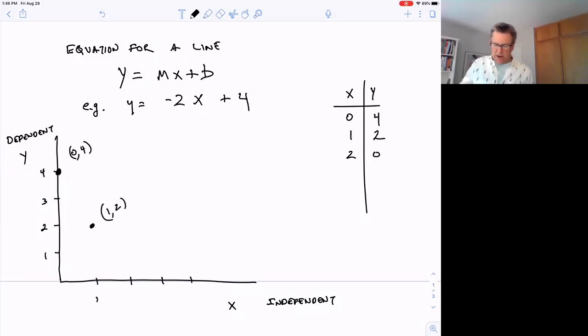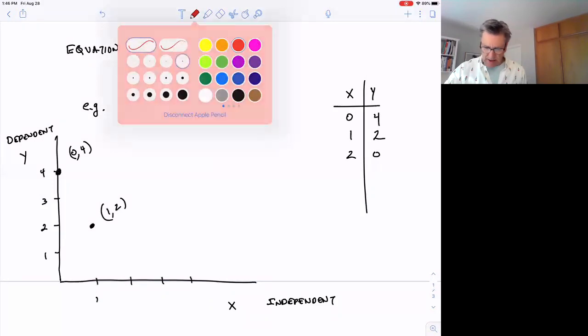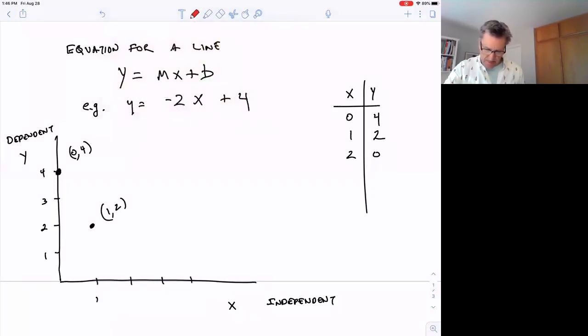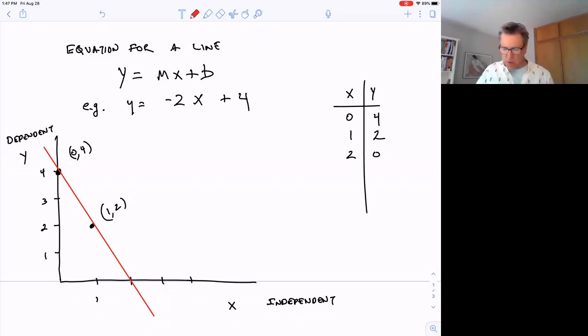And that's all we need. We'll draw a straight line through these. And if I do it right, it's going to look something like that. And you can see there the slope is negative, it's pointing down, and the y-intercept is 4. It also passes through this point 2, 0 if I've drawn it right.